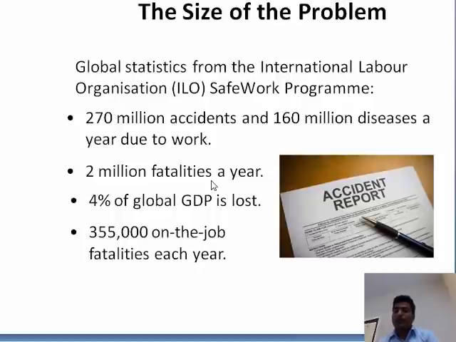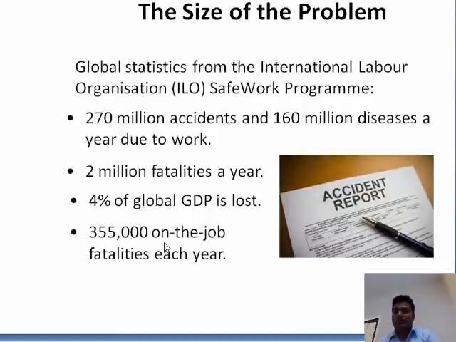If you want to stop 2 million fatalities, then you have to maintain a good standard of health and safety at the workplace. And due to these accidents, 4% of global GDP is lost. That means if you maintain health and safety, that 4% will be growth, not loss. So maintaining a good standard of health and safety at the workplace is an economic benefit for the country and the world.